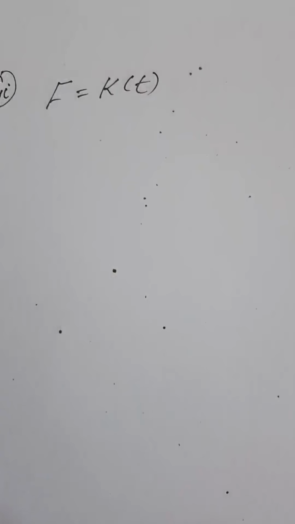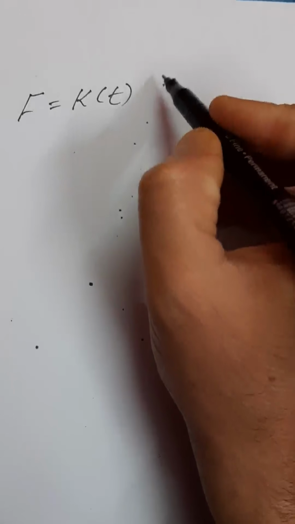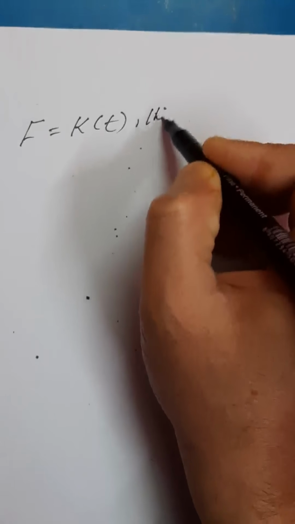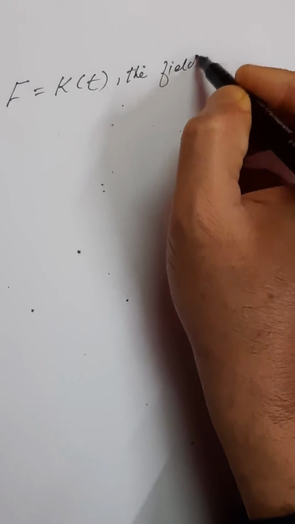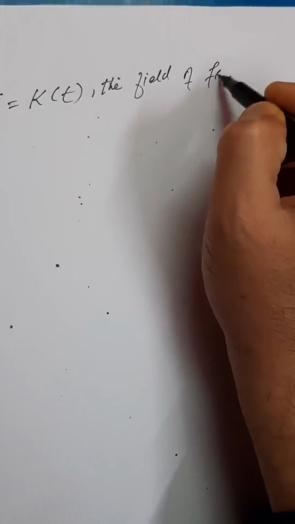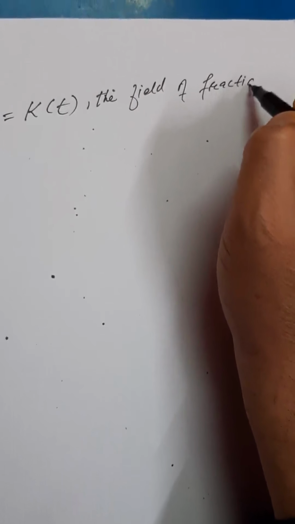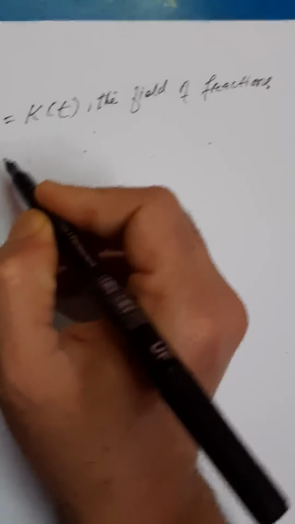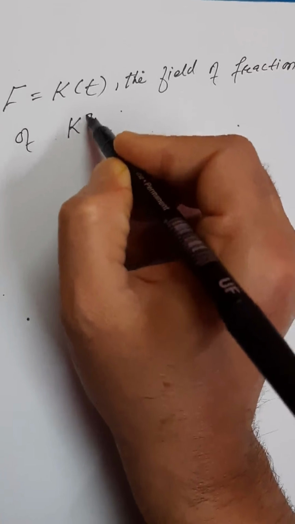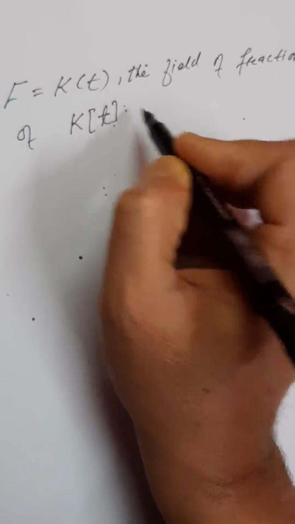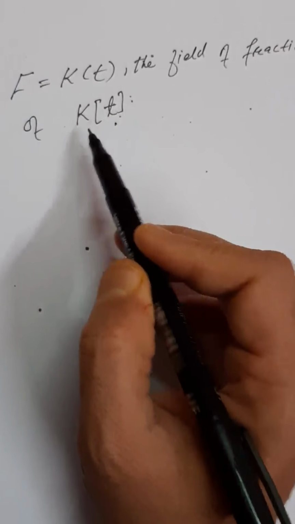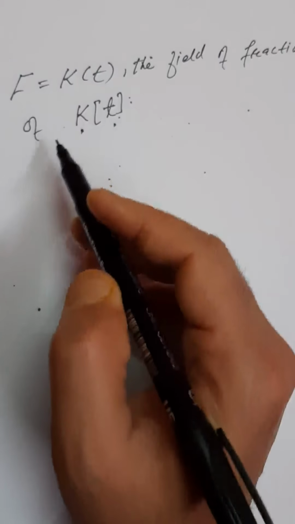What is K(t)? K(t) is the field of fractions of the polynomial ring with polynomials in t with coefficients in K.